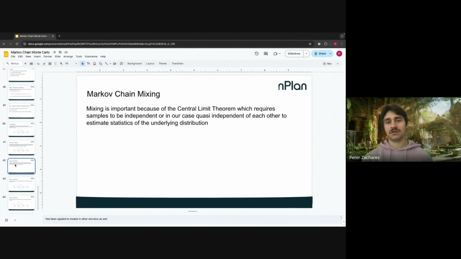There are extensions to it, for our case, where they have to be quasi-independent. So maybe two samples that are near each other have some correlation, but as you get farther away, they have very, very little correlation. Then you can start using these samples for estimating statistics of the distribution. So that's why it's really important that these samples are mixed as well as converge to the stationary distribution. And we'll look at some math related to the central limit theorem in a second.